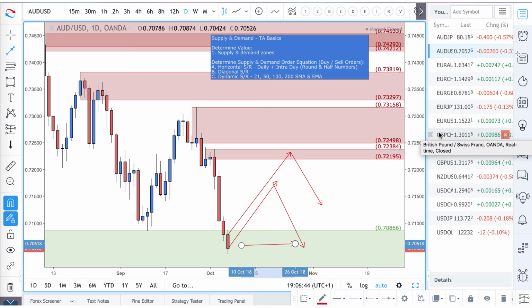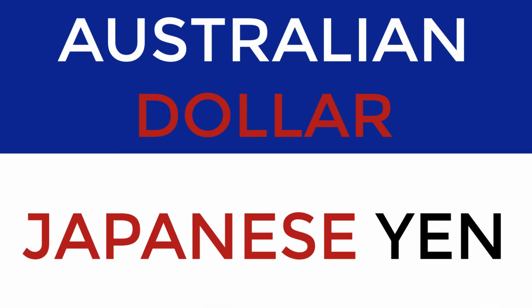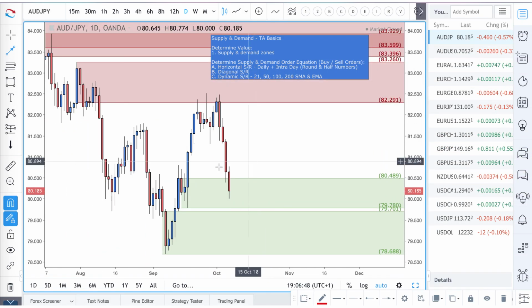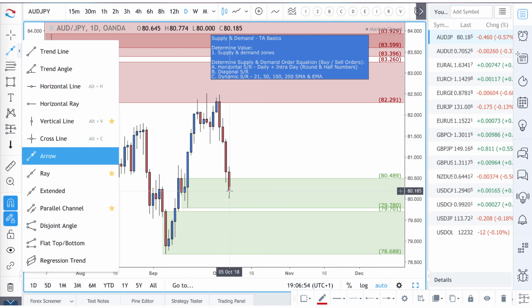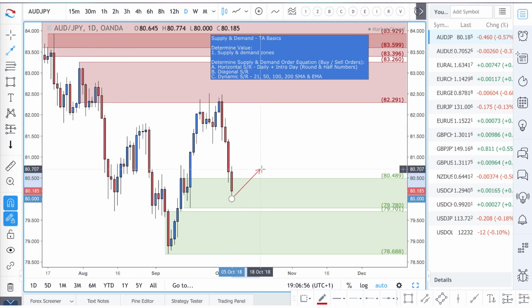And we have the Australian dollar, Japanese yen. I do like this setup, right? Well, this area, price coming back into this area to look for a buy trade. So if there's some decent price action, then I may look to get long. We've come down into this 0.8 round number as well.